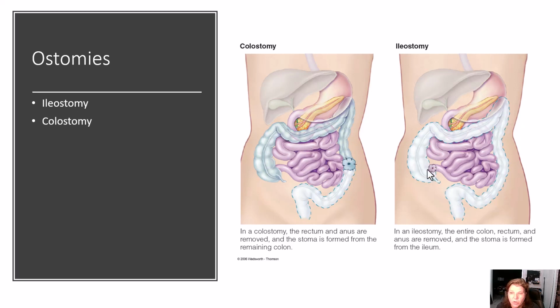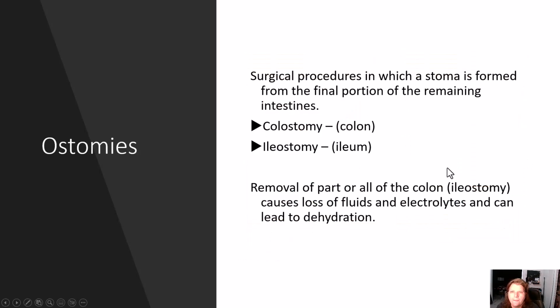We need to worry a little bit more about foods getting stuck in this little pouch here. We'll have a lot more liquidy type of stool. No reason for fiber, because fiber is really for the colon. It's not for the small intestine. So just some things to keep in mind for this population.